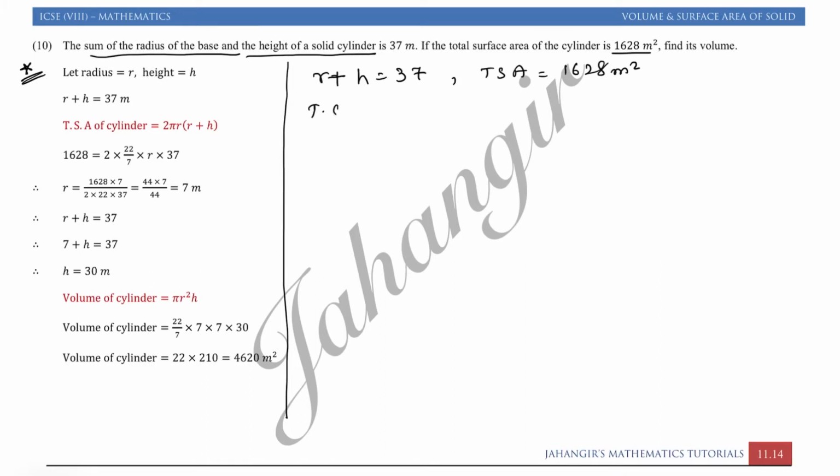So first we'll write TSA of cylinder is equal to 2 pi r (r plus h). So that is 1628 is equal to 2 into 22 by 7 into r. Sorry, the formula is 2 pi r, bracket r plus h.